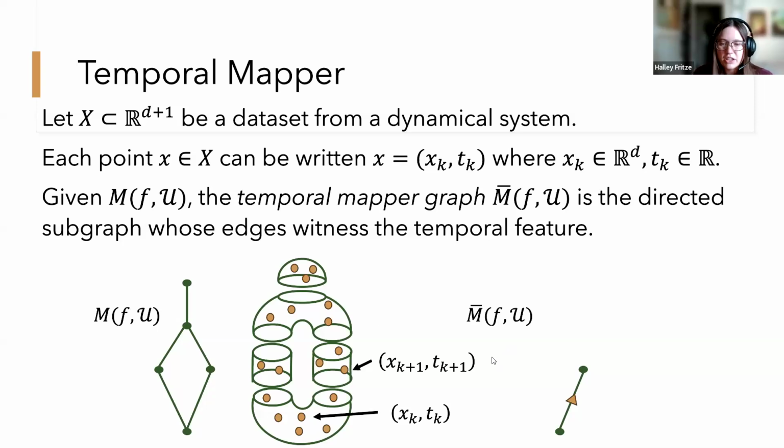So if I apply this construction to every edge in the mapper graph, I can construct a directed subgraph of my original mapper graph that shows how the dynamical system is running.